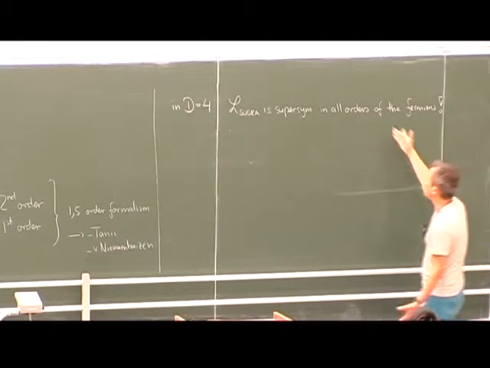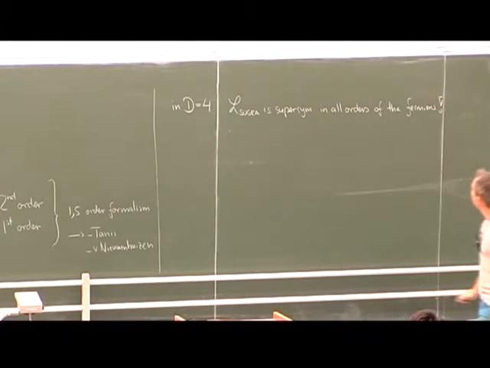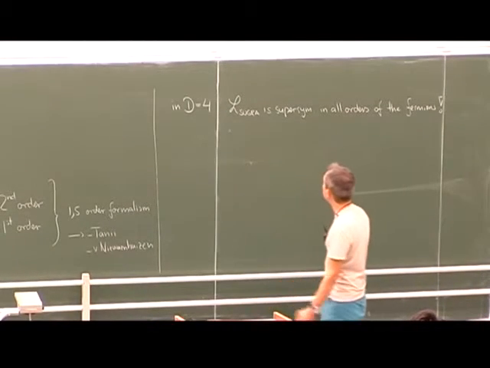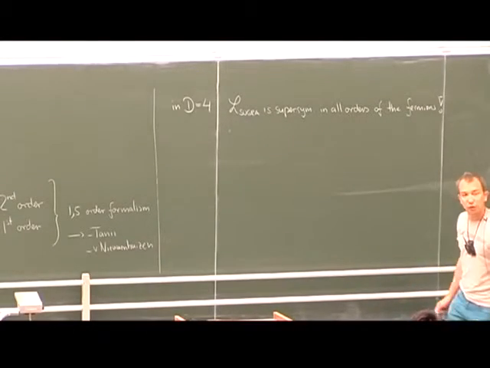So that's the famous result about 4-dimensional supergravity, which was done in the 70s by Freedman, Ferrara, and van Nieuwenhuizen, and then later by Deser and Zumino in the first order formulation.